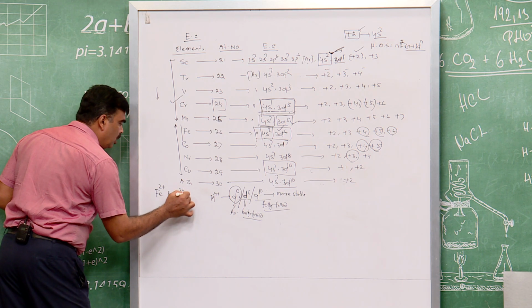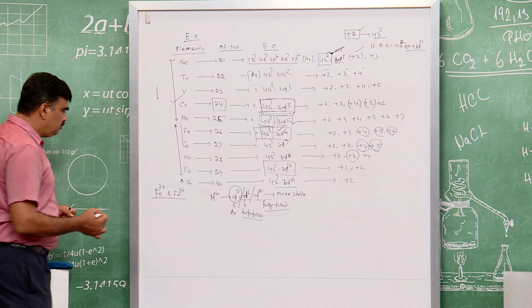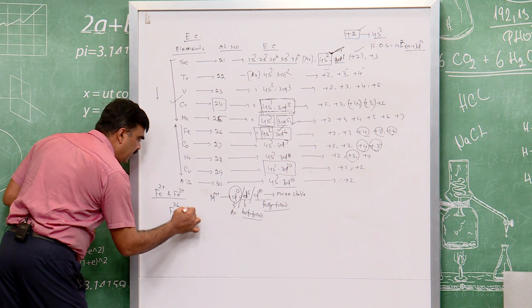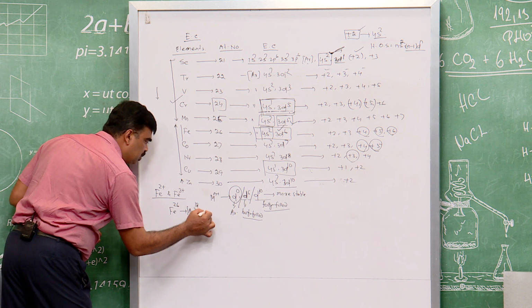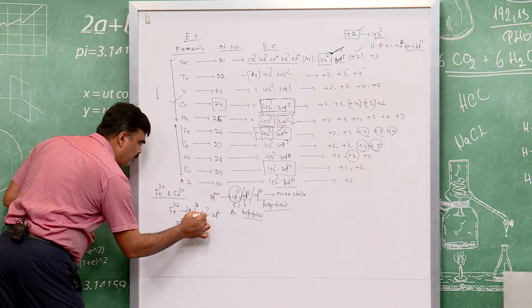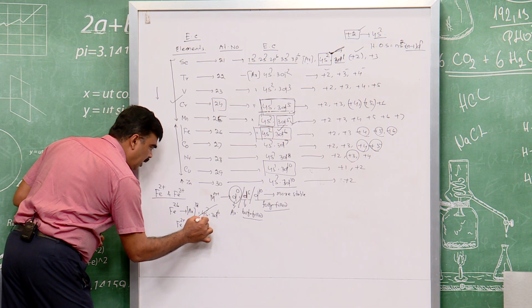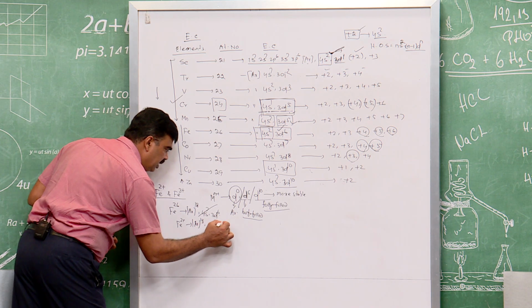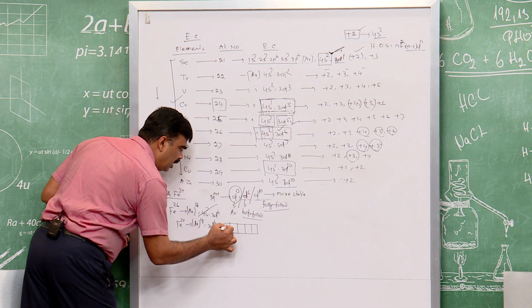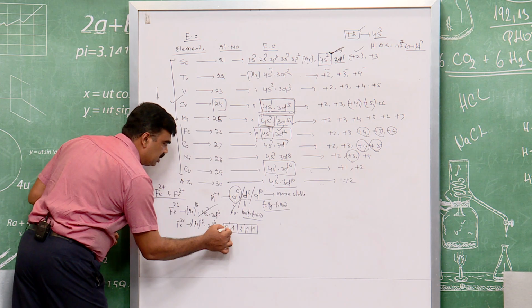which ion is more stable? In ferrous, you see iron is 26, argon 18. How to write? 4s2, 3d6, right? In Fe2+ you have to remove these 2 electrons. That means argon 18 and 3d6. 3d6 means you fill up the d orbitals: 1, 1, 1, there are 5, all the d orbitals are now singly occupied, and this is a pairing.